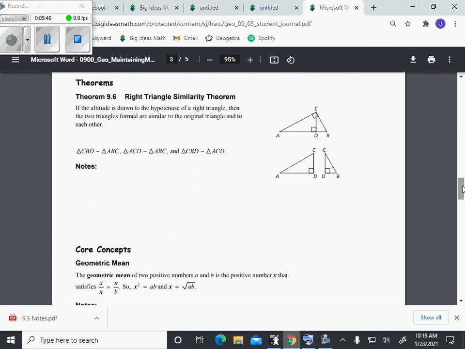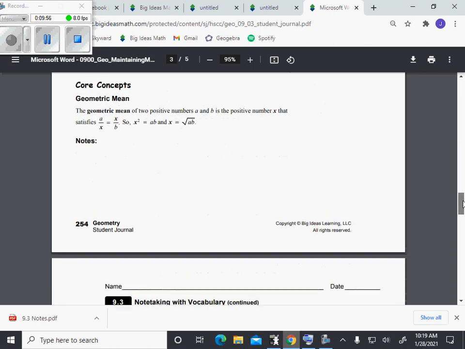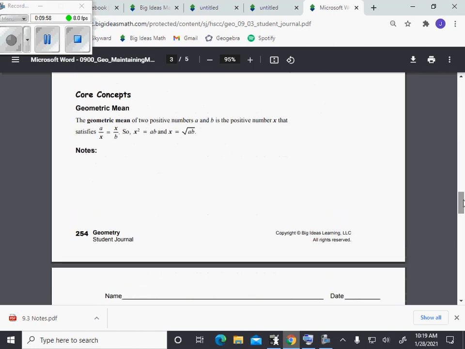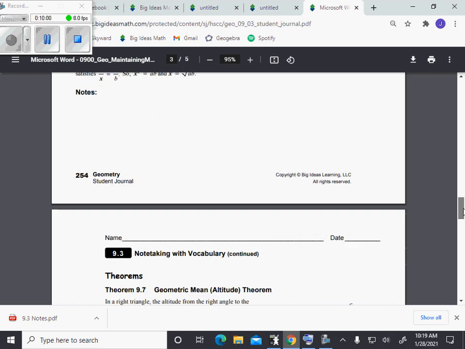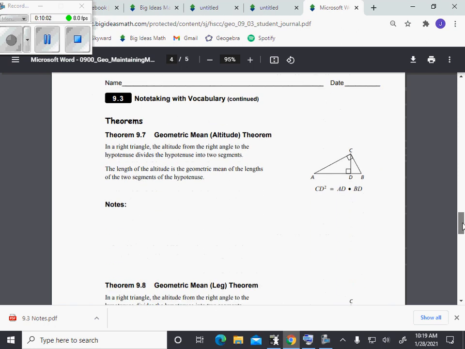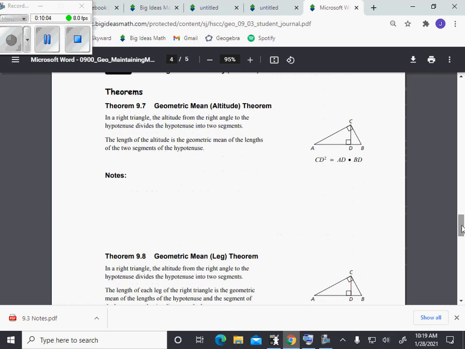The right triangle similarity theorem. Okay, if we have three right triangles, they're all similar. The geometric mean, yep, just talked about that. Right here, the altitude theorem.